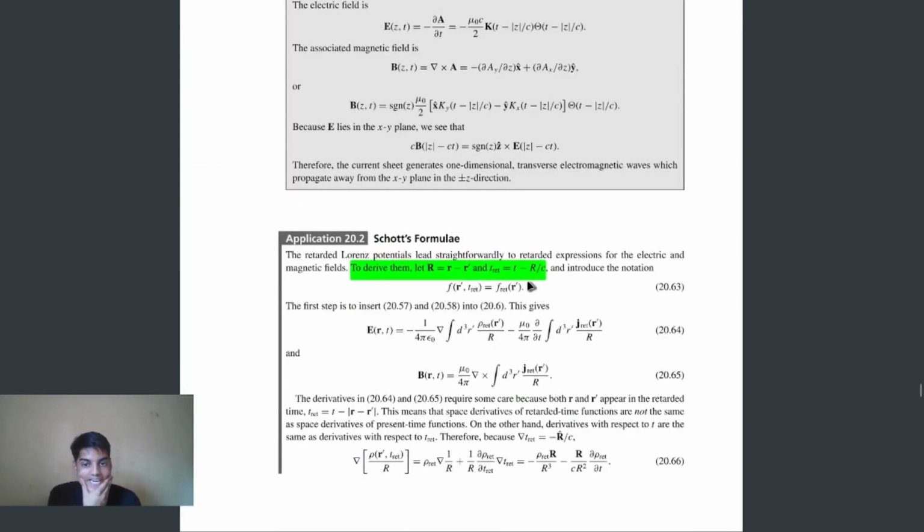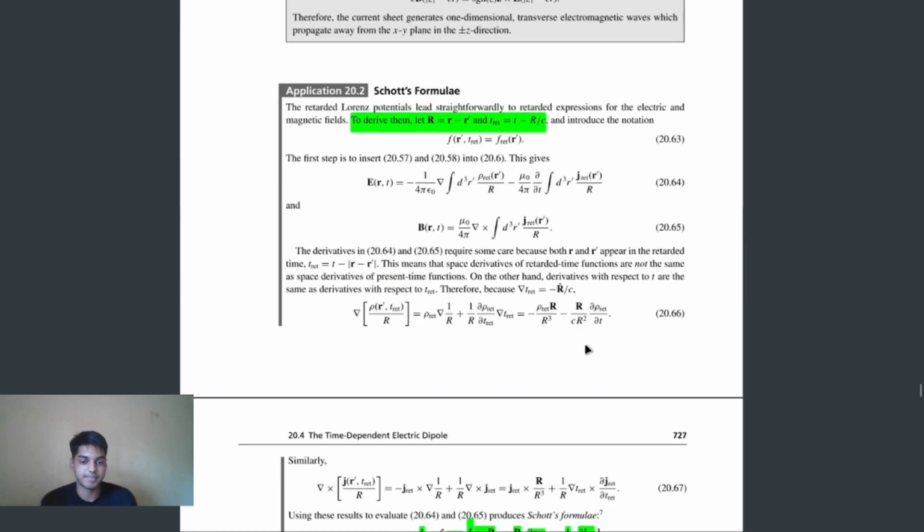Finally, the retarded Lorenz potentials lead straightforwardly to a retarded expression for the electric and magnetic fields. To derive them, they assume R to be r minus r dash and the retarded time t_r to be t minus R by c.